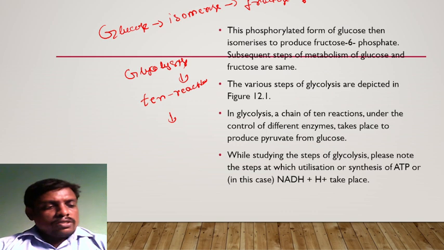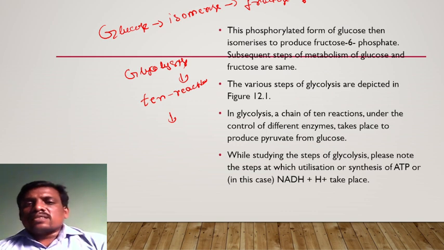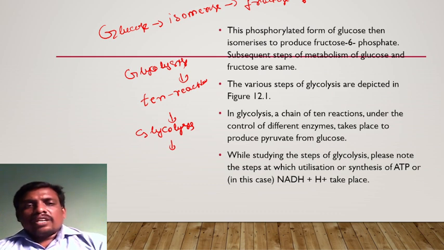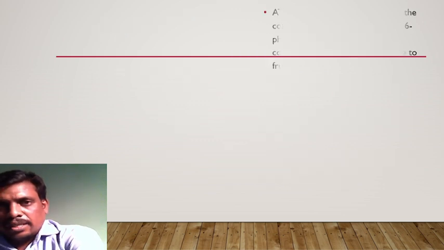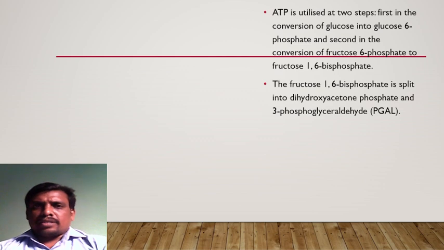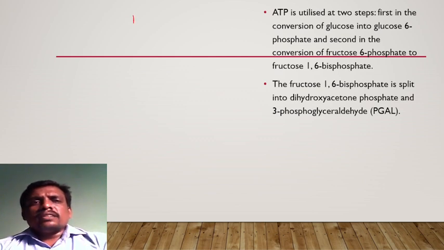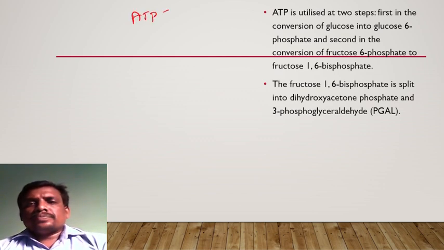Here, as you can see, while studying the steps of glycolysis, please note the steps at which utilization and synthesis of ATP, and in case of NADH plus H plus, takes place, which is a reducing power agent. ATP is utilized in two steps.